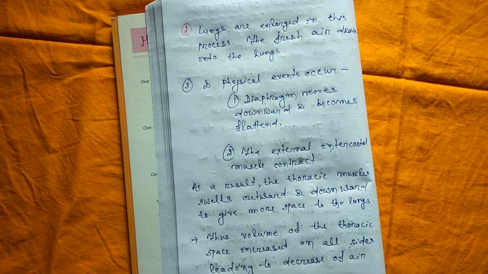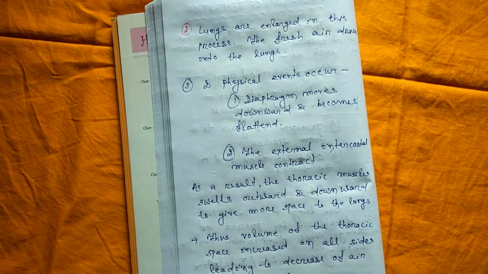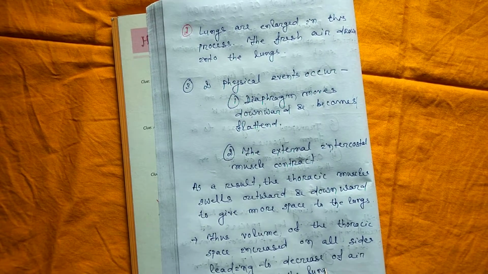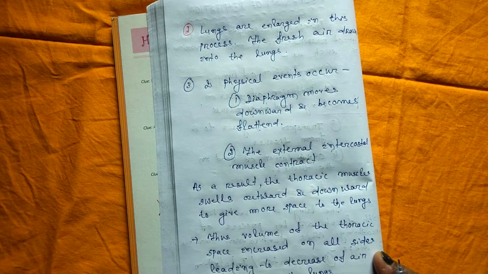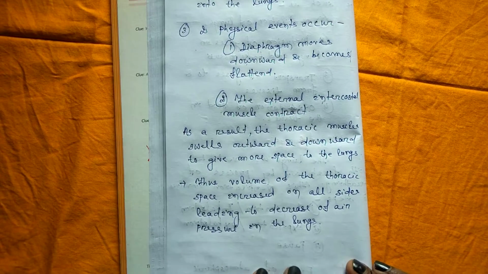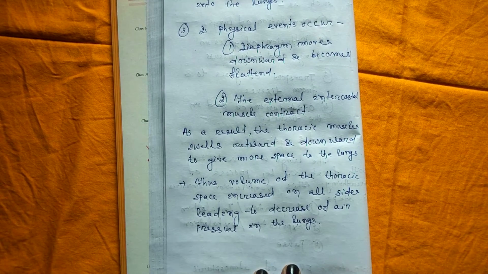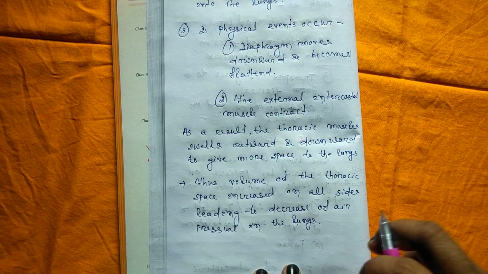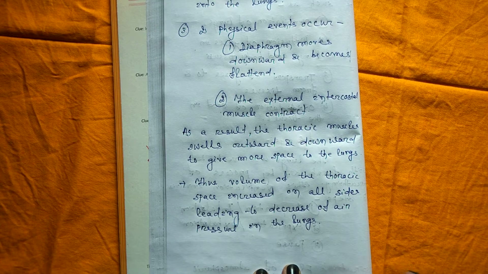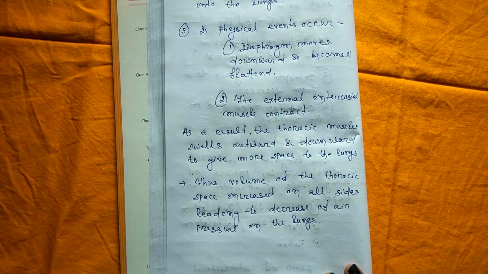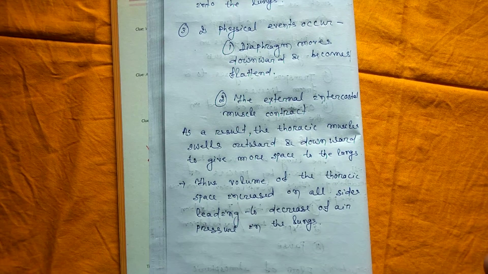In the last video I already told you that volume is inversely proportional to pressure. If volume increases, pressure decreases. Here volume increases, pressure is less, so more air enters into the lungs from the outside. At this time the air pressure inside the body is low and outside is high.